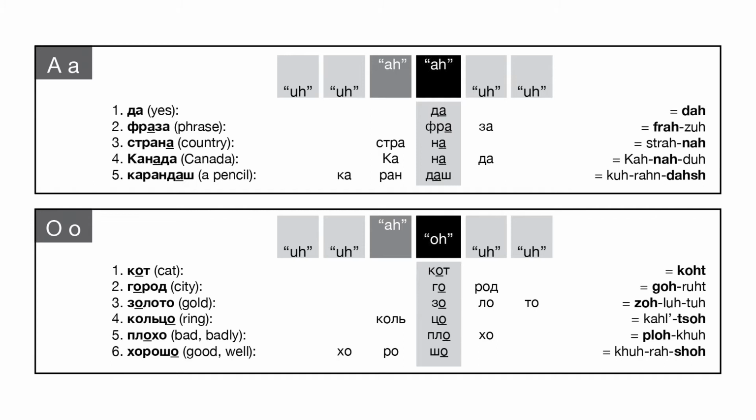Zolota. Number 4, кольцо, right? First o is immediately before the stressed syllable, so it's кольцо. Number 5, плохо. And number 6, again, a really nice example because it has all three. Хорошо. It's also a very common word. Хорошо.